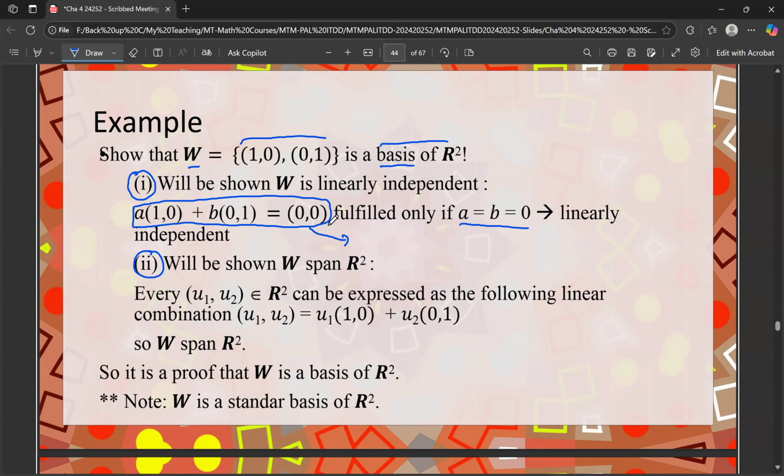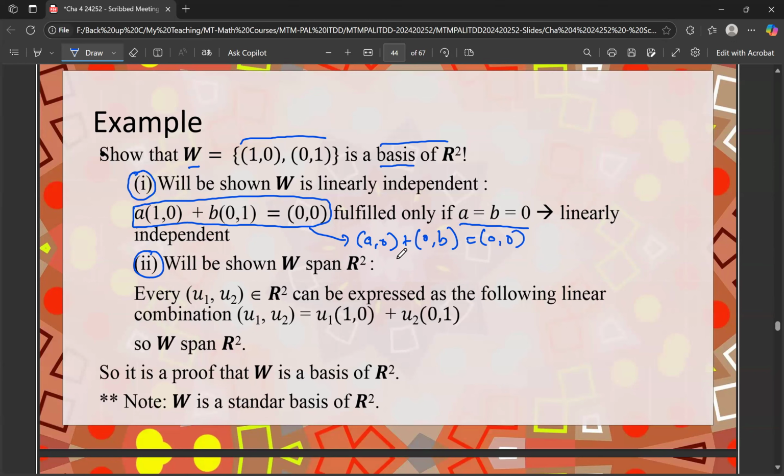Why? Because we have here a multiplied by (1, 0) plus (0, 1) multiplied by b, equalized to (0, 0).